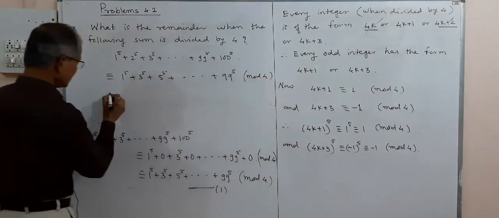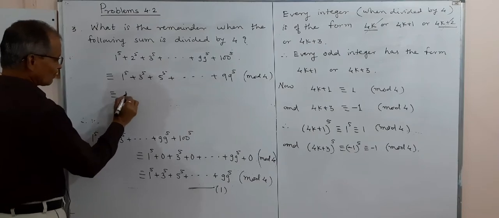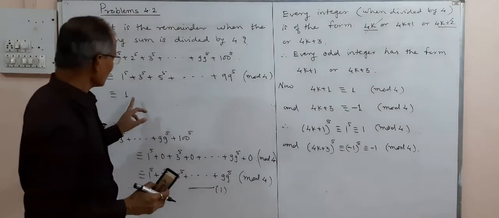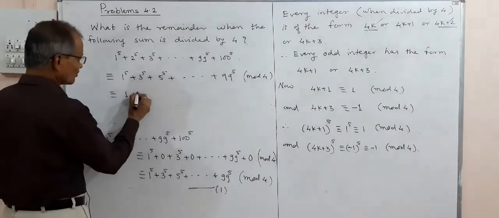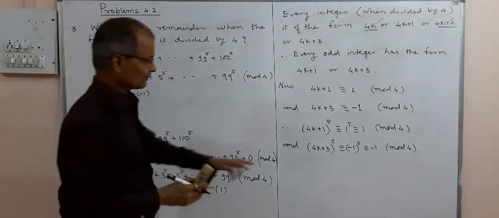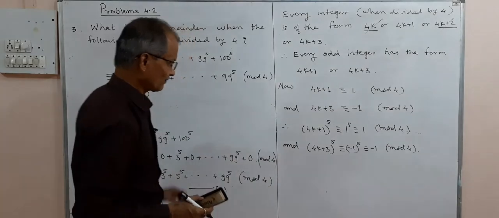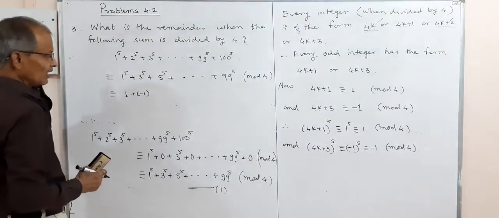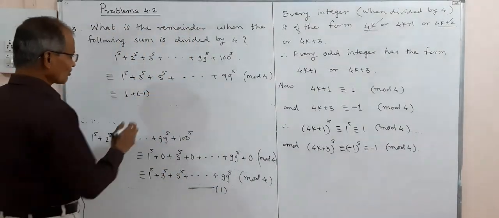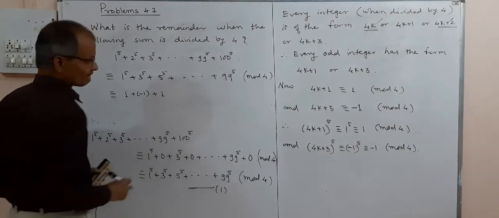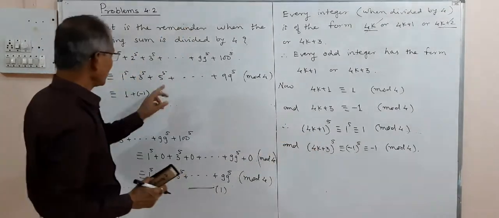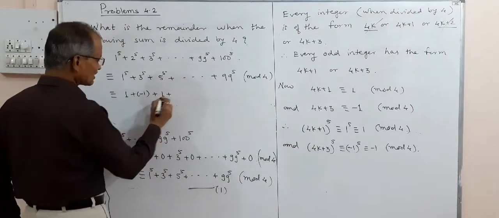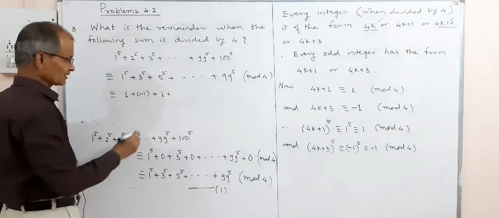Again, 1 to the power 5 is congruent to 1 itself, but 3 to the power 5 is congruent to -1. It is of the second type. And again 5 to the power 5 is congruent to 1, first type: 4k plus 1, k is 1, it is 5. So this is alternately plus 1 and minus 1.